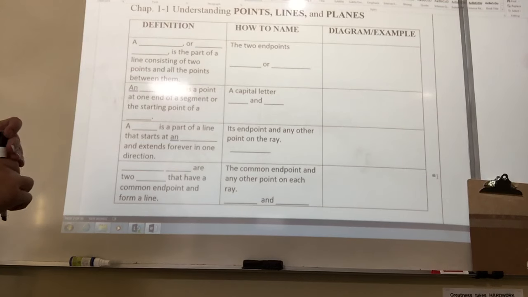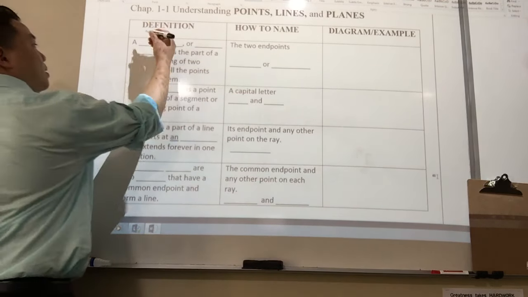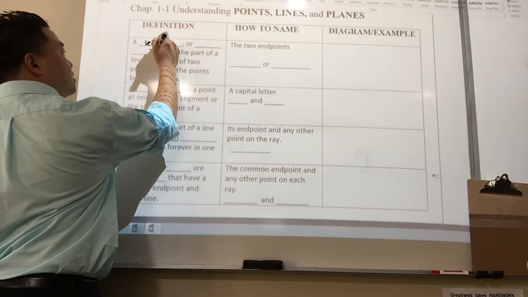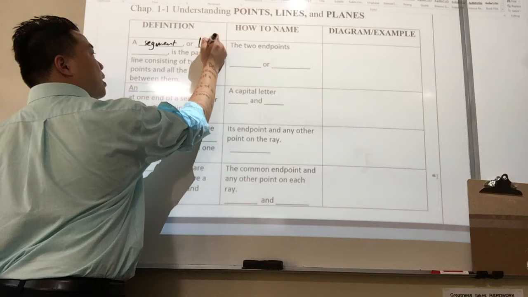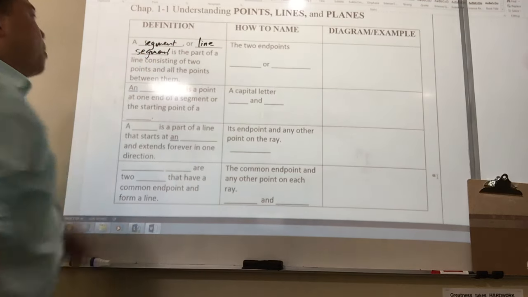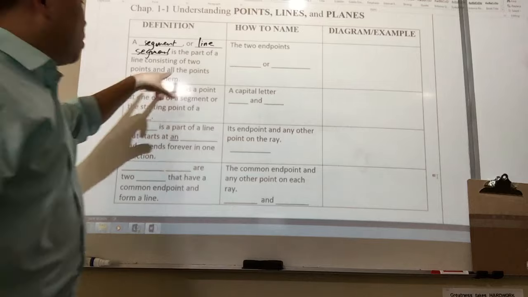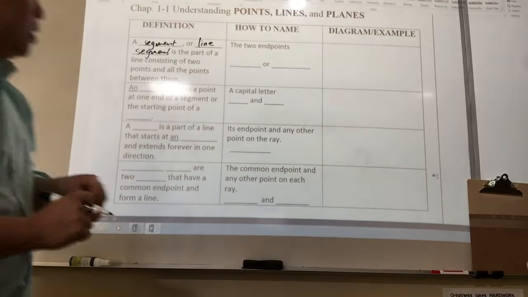So we are going to start with a line segment, okay? A segment, or a line segment, is the part of a line that has 2 points, consisting of 2 endpoints and all the points in between them.